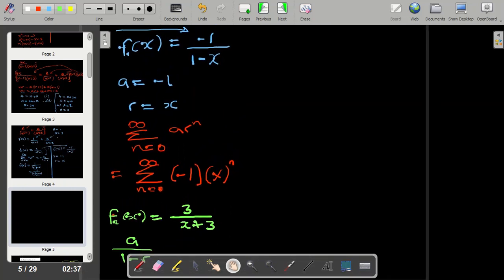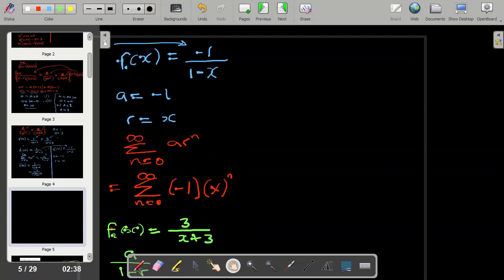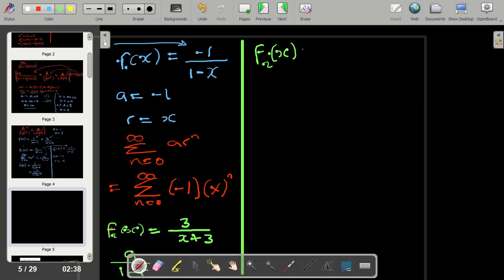So we have our given function there, f2 of x being equal to 3 over x plus 3.